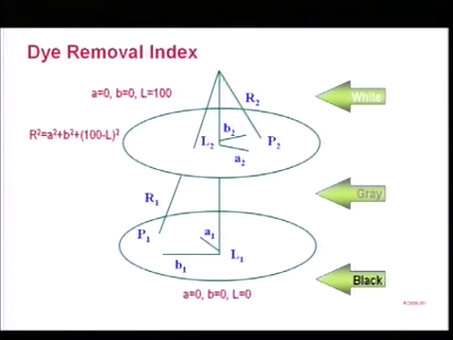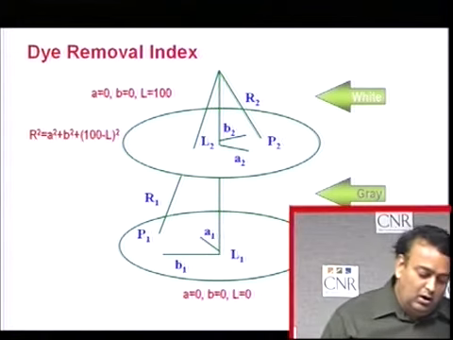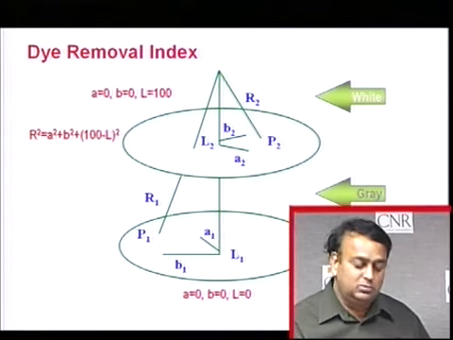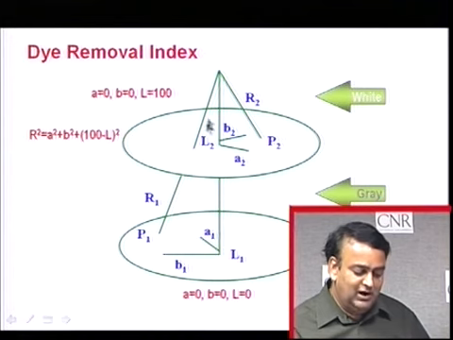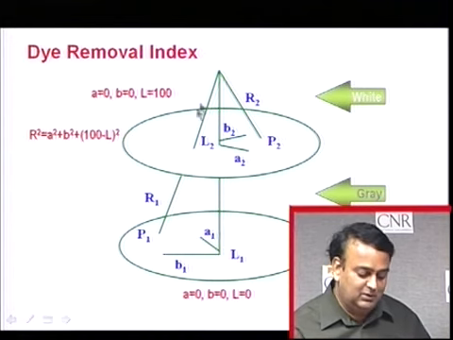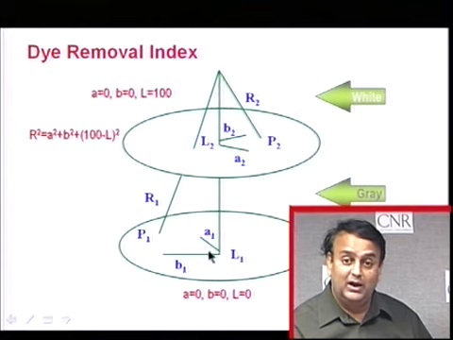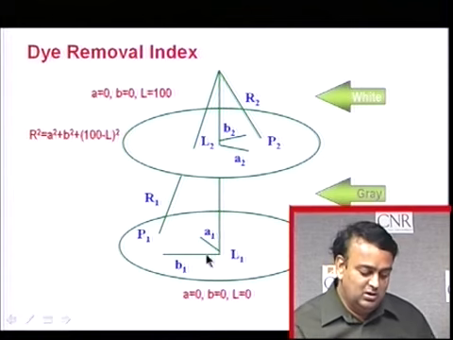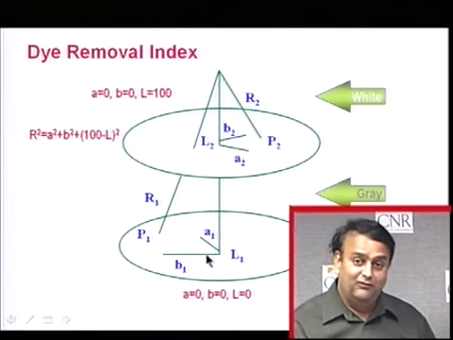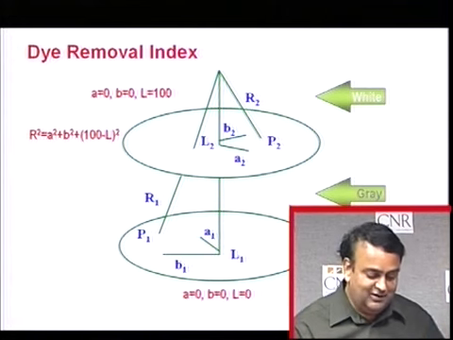So, what is the dye removal index? Dye removal index is nothing but R1 minus R2 over R1, the original amount of dye present in the system. So, this distance over this distance gives you the dye removal index in a way, and we have given the formula for calculation of dye removal index.